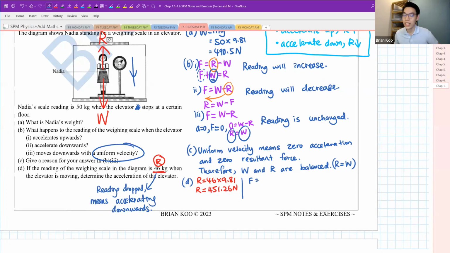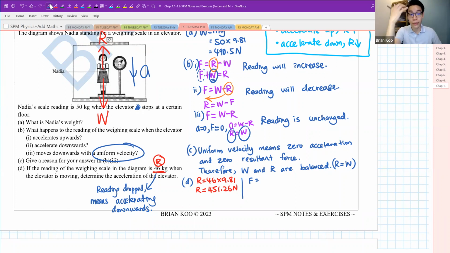If you don't believe me, we can try and see. There's only two types. If your reading changes, it could mean that it is accelerating upwards or downwards only. So you try accelerate downwards, see whether the reading will drop or not. If it accelerates downward, meaning the force pulling down is stronger, that's why it can accelerate down. So what is the force pulling down?